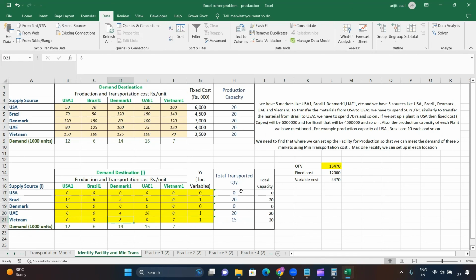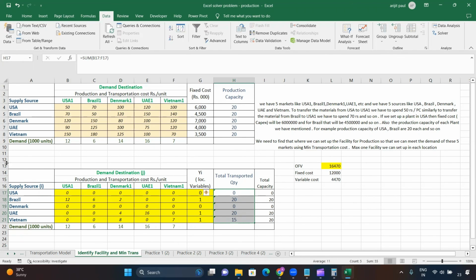Okay, so here also you can see we have fulfilled the supply constraint as well. So we are not supplying anything above the capacity of the plant.